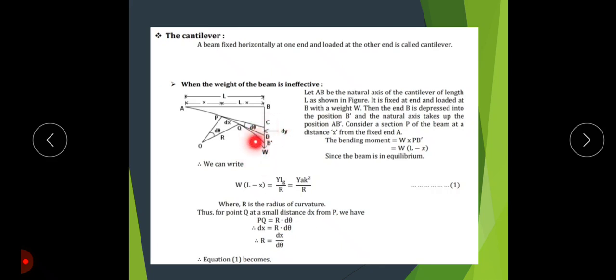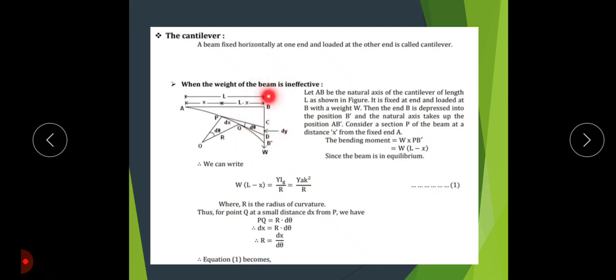Then the end B is depressed or deflected into the position B dash when we apply the external load to this end.